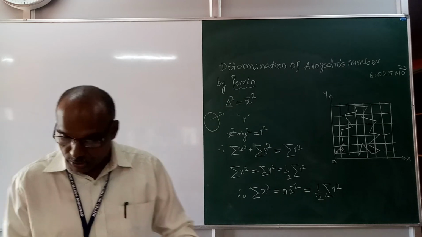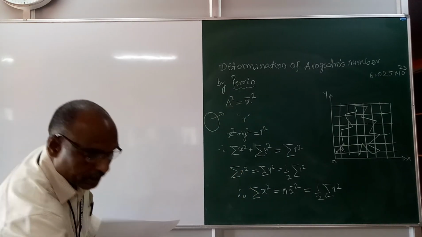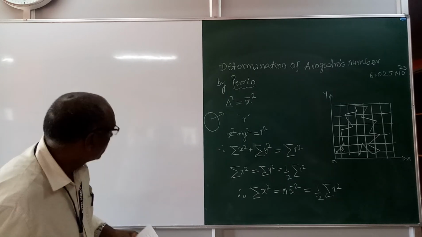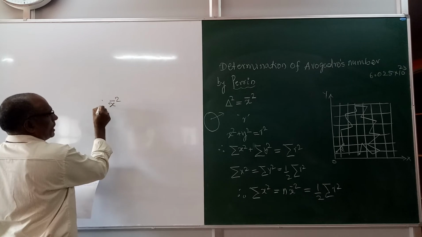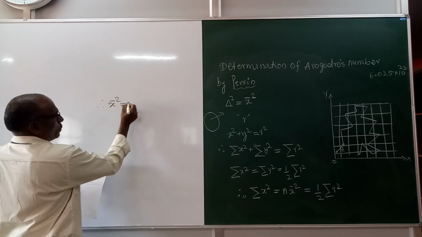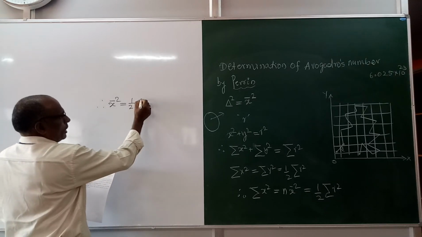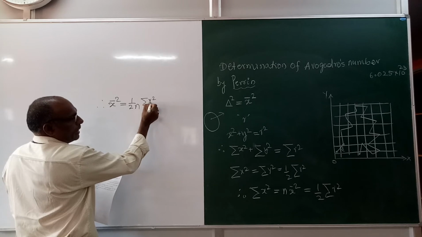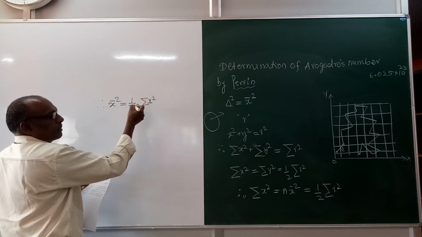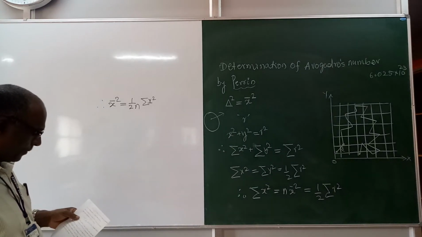Once I get this x bar square, the mean square displacement is equal to 1 divided by 2n, summation r square. We are finding r and the summation of r square over the number of observations.